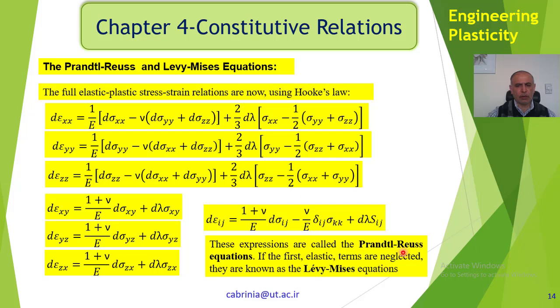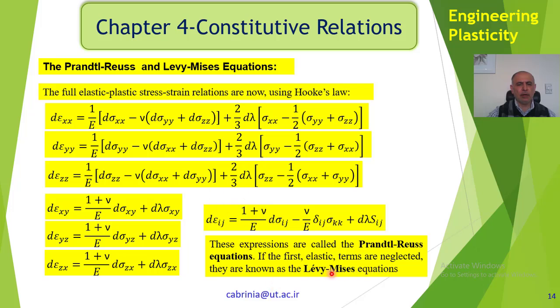These equations are called Prandtl-Reuss equations. If the first elastic terms are neglected, they are known as the Levy-Mises equations. So if you ignore the elastic parts, then we have d epsilon x equal to 2/3 d lambda times sigma xx minus half of sigma y plus sigma zz, and this is the plastic relationship.